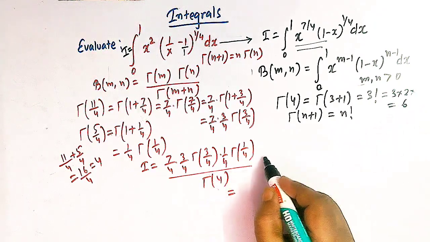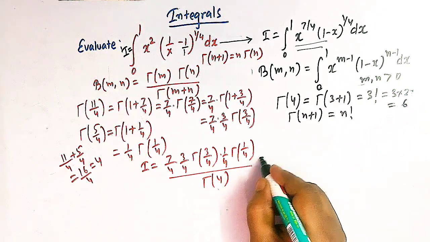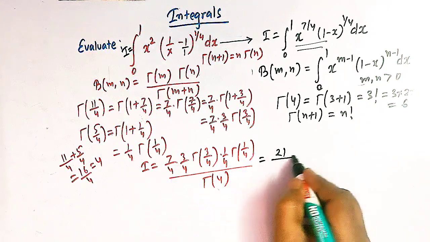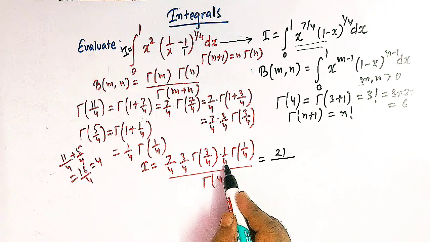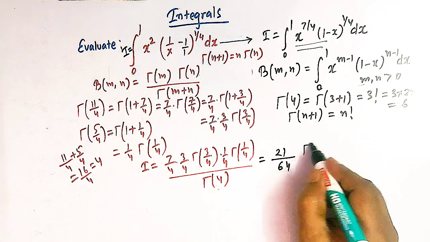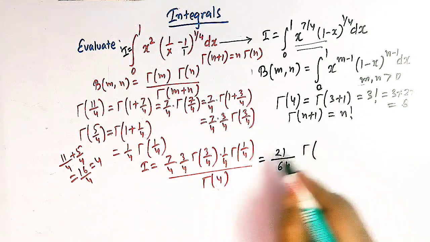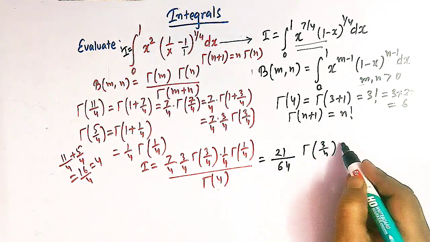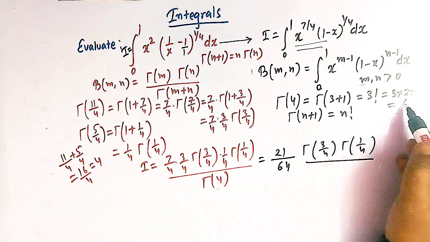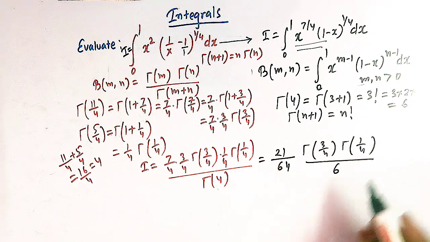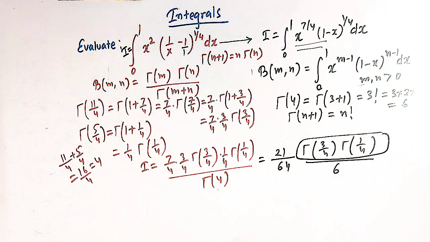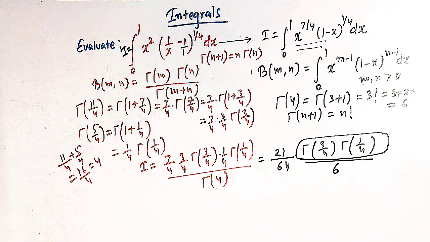So now here we can write, this is 7 times 3 is 21, and 4 times 4 times 4 is 64, and then we have gamma of 3 by 4 and gamma of 1 by 4, and here gamma of 4 is 6.